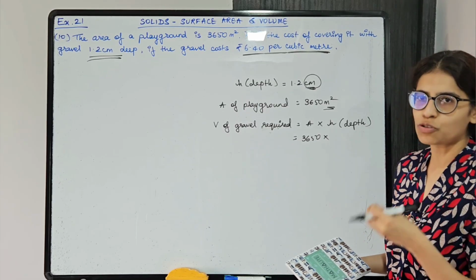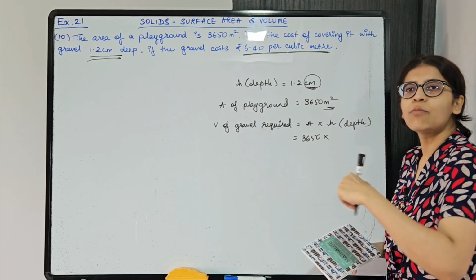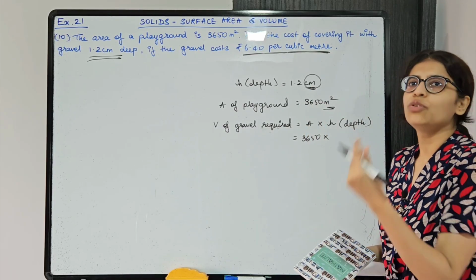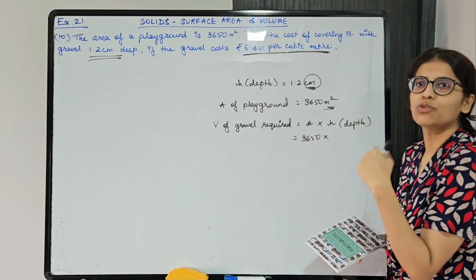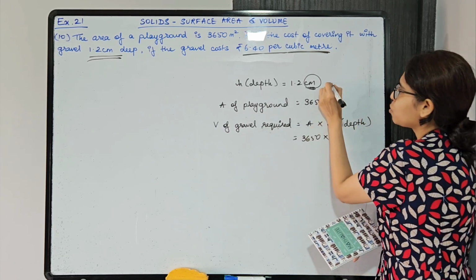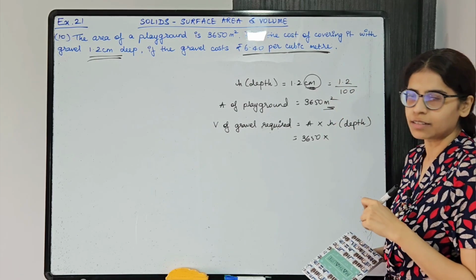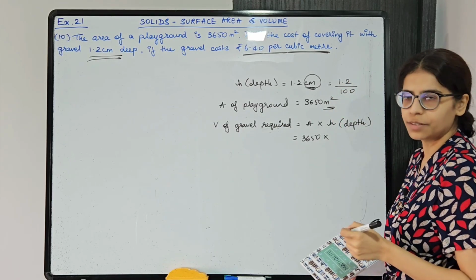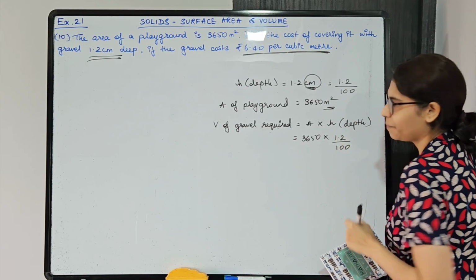So units should be the same. We'll convert centimeter to meter. Smaller to bigger unit you divide. 100 centimeter make 1 meter, so you divide by 100. So the height will be 1.2 divided by 100.